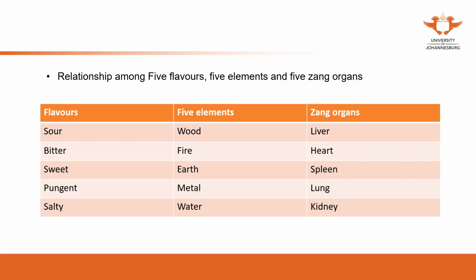The flavors also related to the 5 elements. When you compare the flavors, the 5 elements, and 脏腑 organs, you will see these different flavors. They related to different elements and different organs, which means the sour flavor can go to the liver.